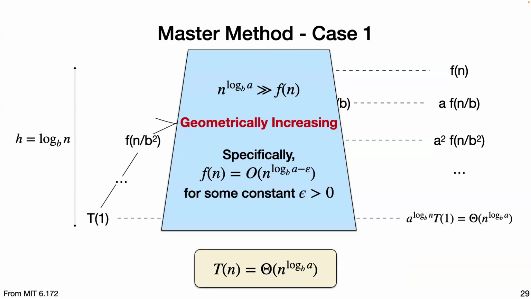And so the work is dominated by the leaves. This n to the log base b of a is just the number of leaves that we had.